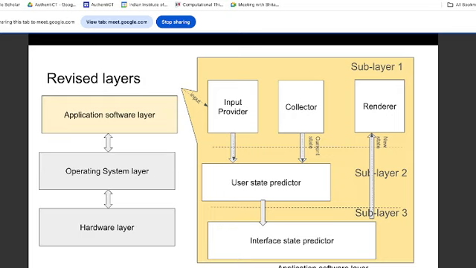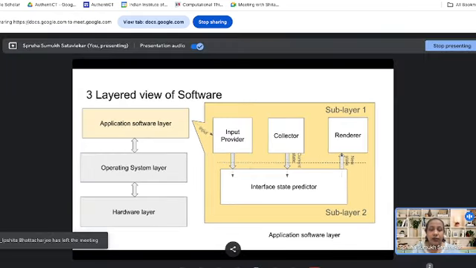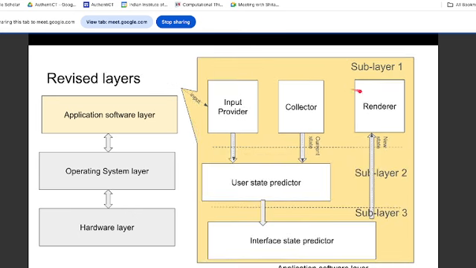Now we see that the layers need to be revised, because over here there is nothing about the user, right? User centricity. The user is only giving the input to the system. So now we bring the user into the picture. This is the user state predictor machine that goes into sub layer 2. So there is another layer introduced. What does this user state predictor do? It will keep on receiving the input provided by the user, and it will model the user's behavior of sharing the input.